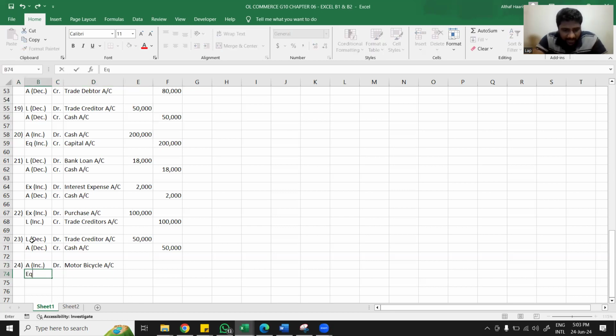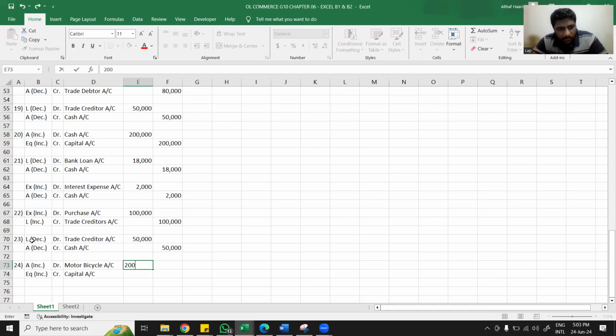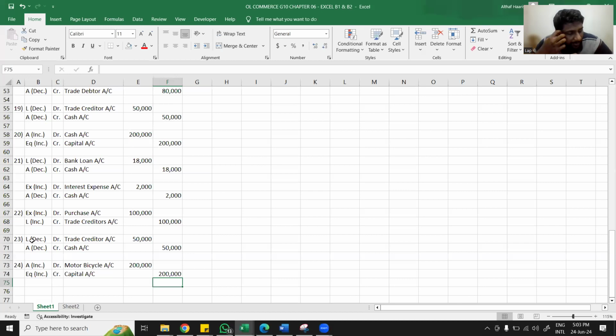If the owner gives anything to the business, equity will increase. Equity, capital. Equity increases, credit. How much is that? 200,000. Motor bicycle account debit, capital account credit.